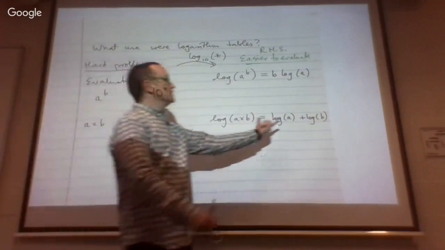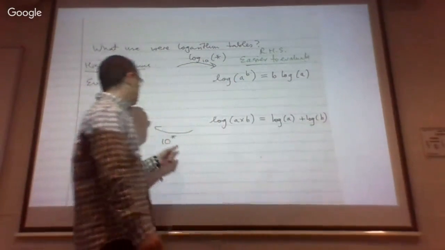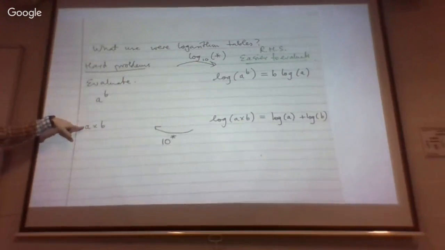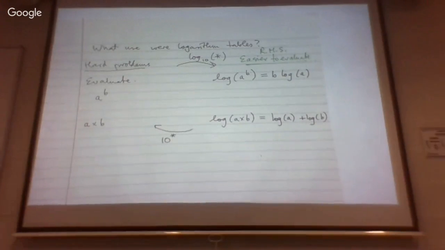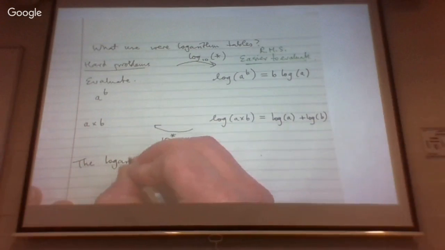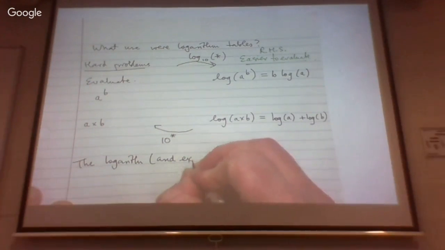So these quantities here, when you work them out, you raise 10 to that power, and that brings you back here and gives you an approximation to these values over here. So the logarithm and exponential going in the other direction.